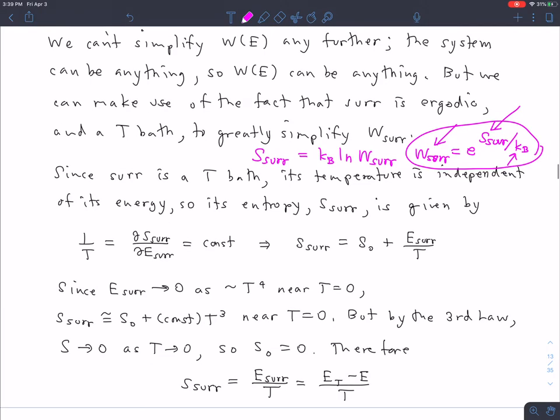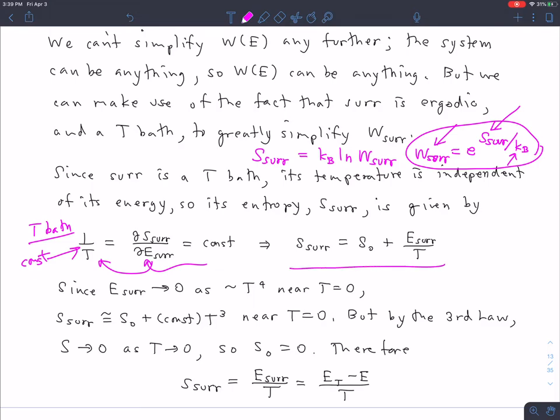We have that the surroundings are a T-bath, which means that 1 over T is a constant, but that's also equal to the derivative of the entropy of the surroundings with respect to energy. And that means we can integrate this. This is basically a differential equation for entropy.